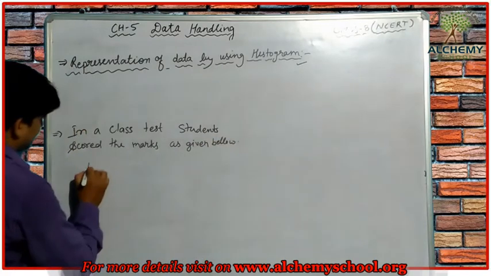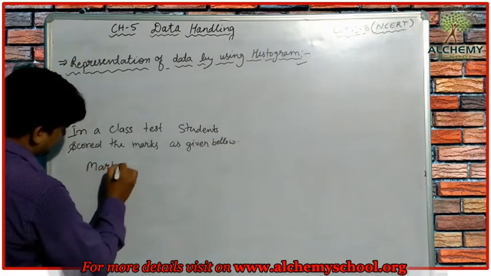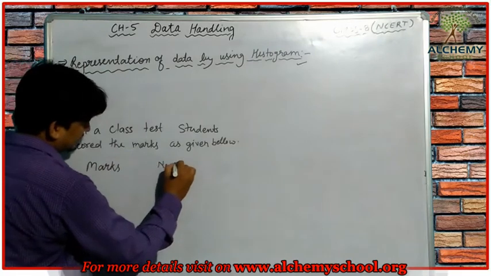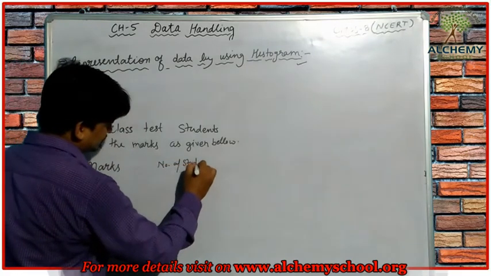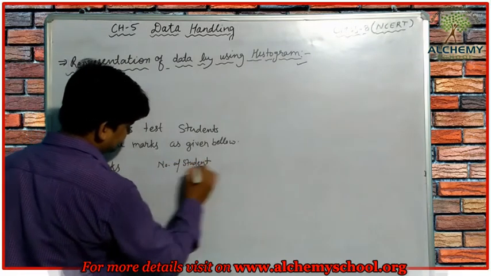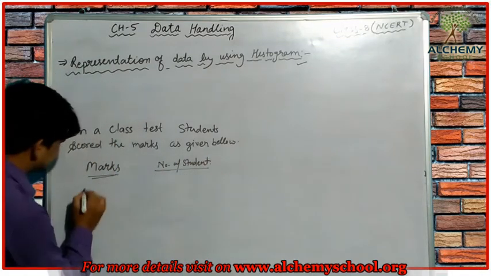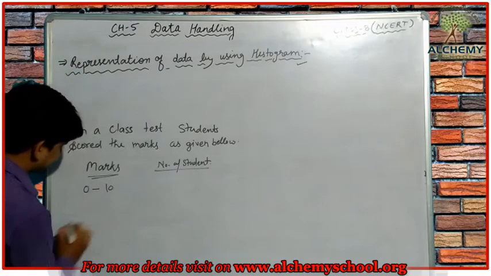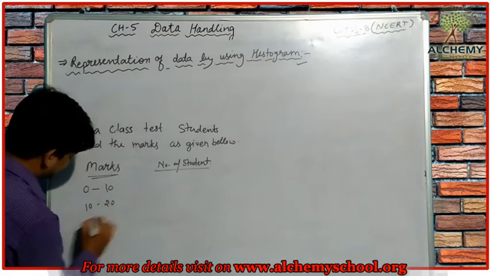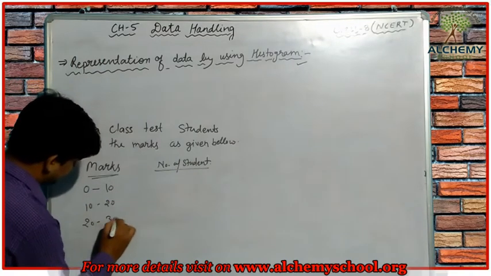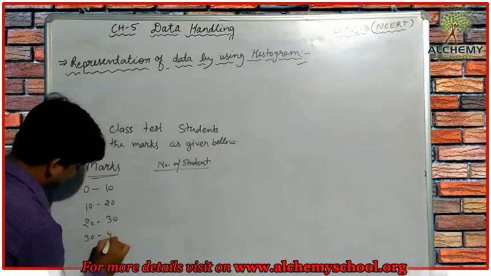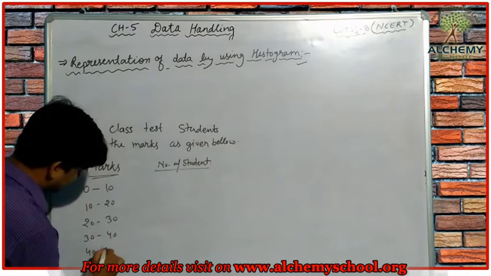So we can write here marks and number of students. Number of students represents the frequency. This is marks. Now the marks are divided into 0 to 10, 10 to 20, 20 to 30, 30 to 40 and 40 to 50.